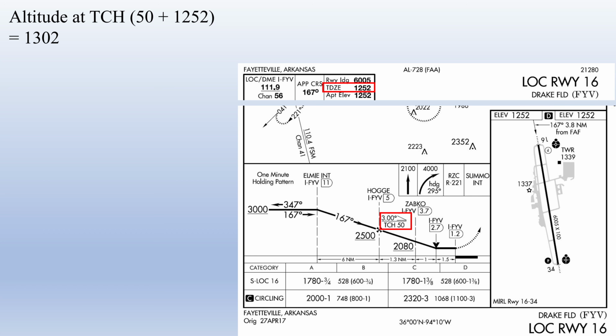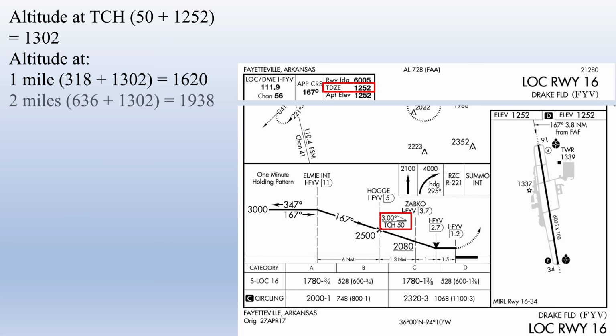Now we just need to add 318 feet to that threshold crossing altitude as we move back away from the runway. So at 1 mile, we're adding 318 feet to that. That gives us 1,620. So at 1 mile away from the runway, we should be at 1,620 feet on our altimeter. At 2 miles, we add another 318 feet to that. That gives us 1,938 feet on our altimeter.